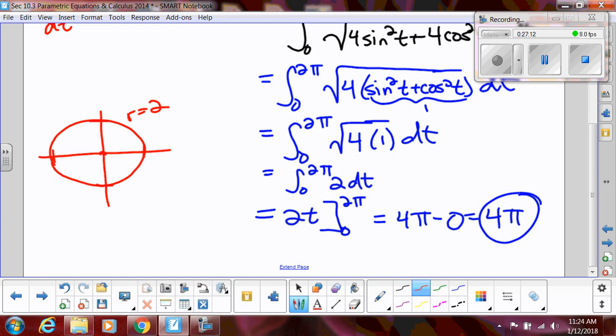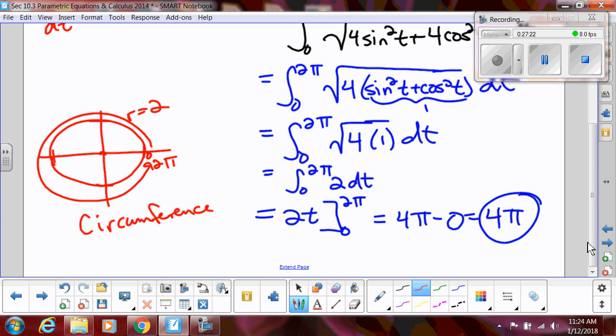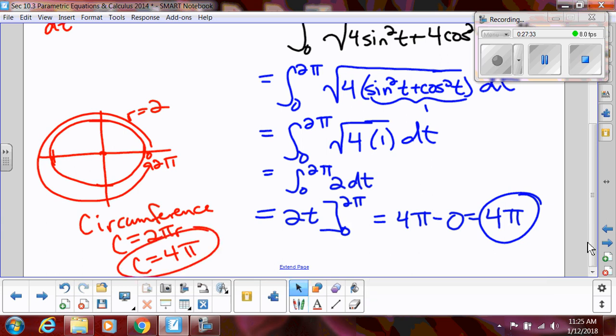And the arc length from 0 all the way to 2 pi is simply the circumference. So if you wanted to do it geometrically, we know that circumference is just 2 pi r. So that's another way to get 4 pi. Isn't that nice how that works out?